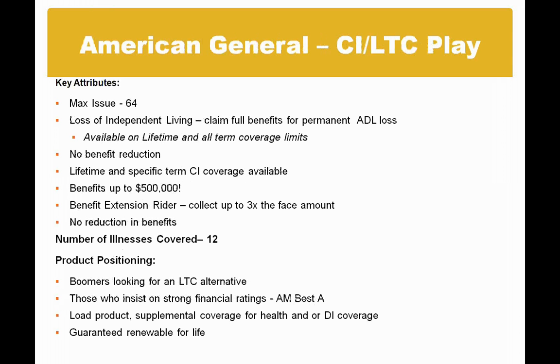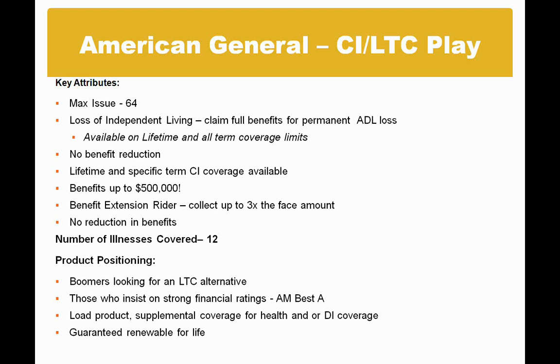Another product also available in California, we have elsewhere too, is the American General product. It's definitely unique. The reason we brought it on is because it has a long-term care trigger built into it. So you've got your CI triggers, and you also have a 2 out of 6 ADL trigger that doesn't go away.